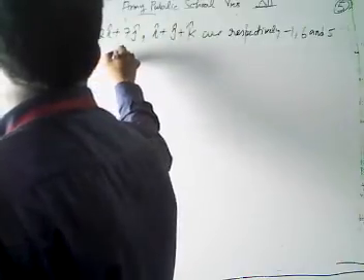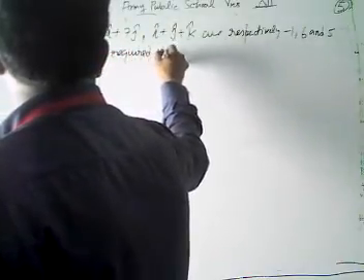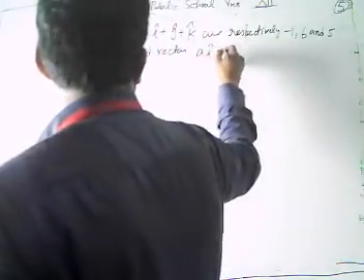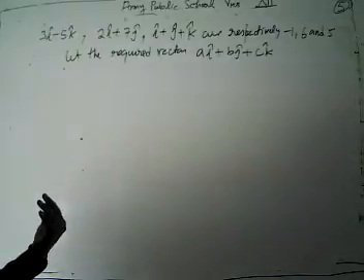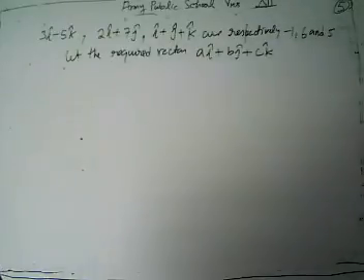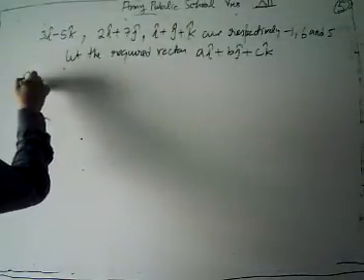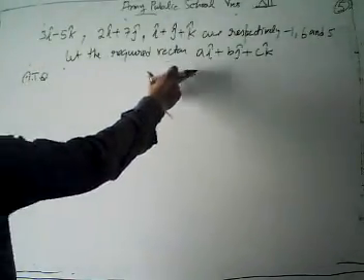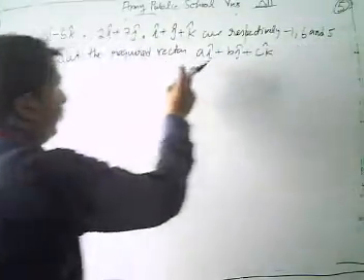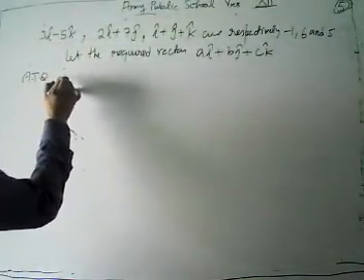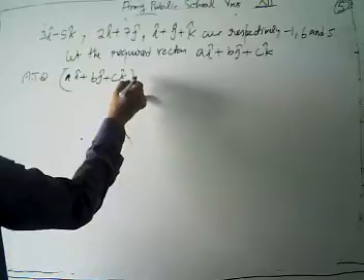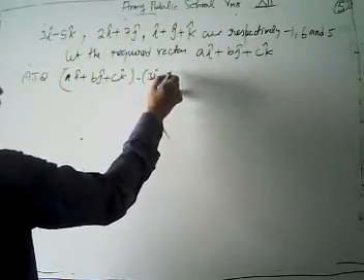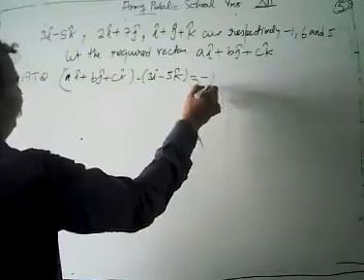Let the required vector be ai cap plus bj cap plus ck cap, because we don't know what our vector is. According to the question, the dot products are minus 1, 6 and 5. Taking the dot product of ai cap plus bj cap plus ck cap with 3i cap minus 5k cap gives minus 1.